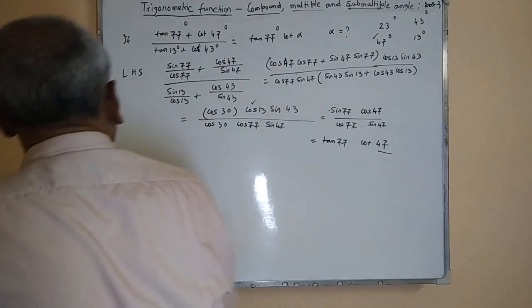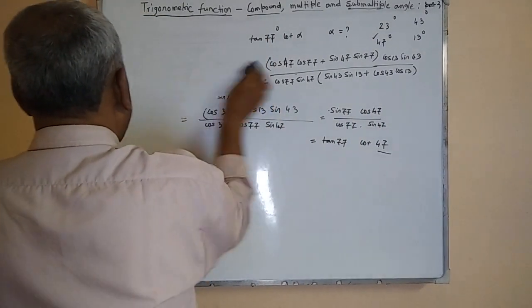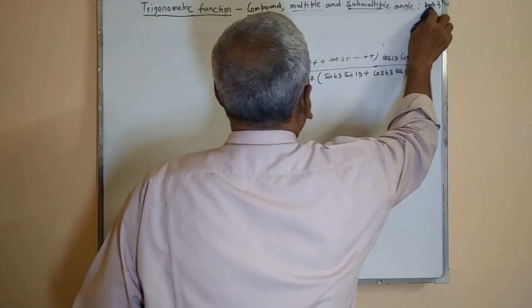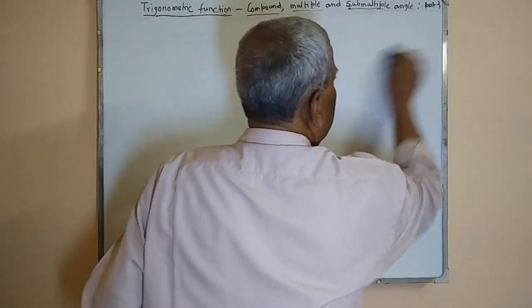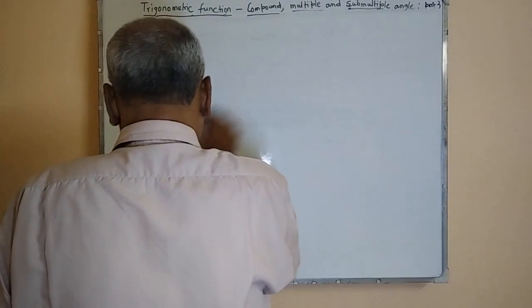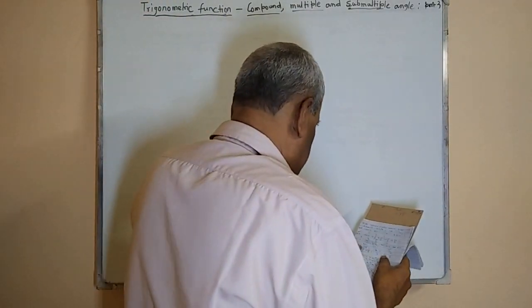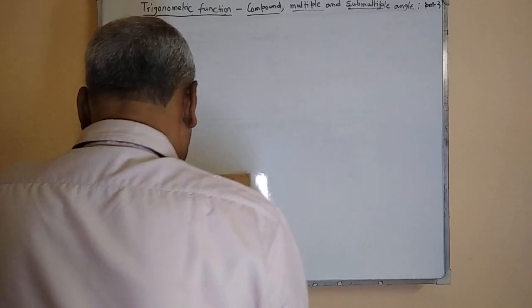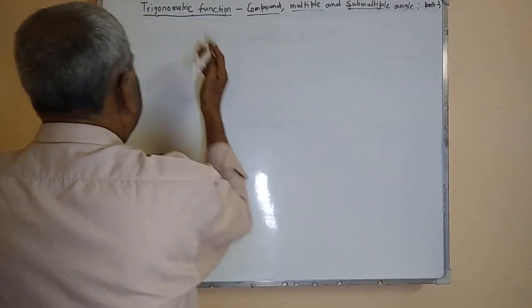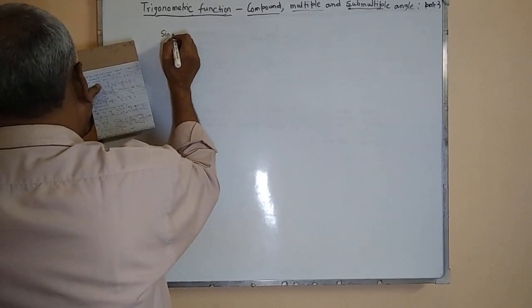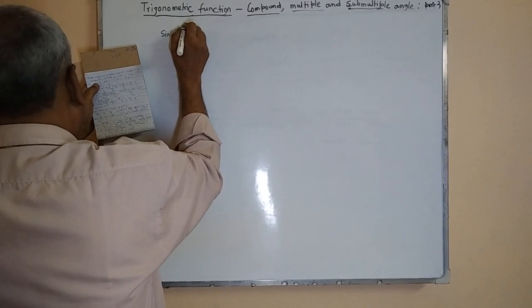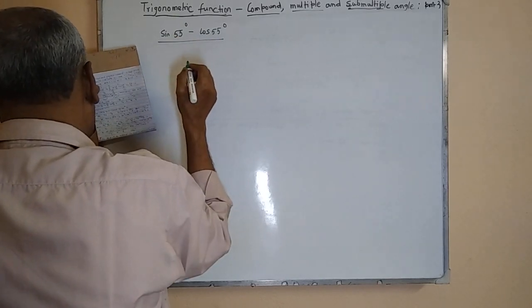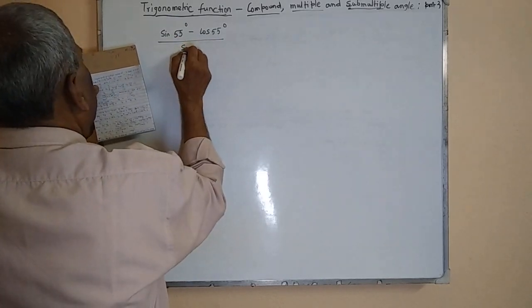Next problem. The value of (sine 55 degree minus cos 55 degree) by sine 10 degree.